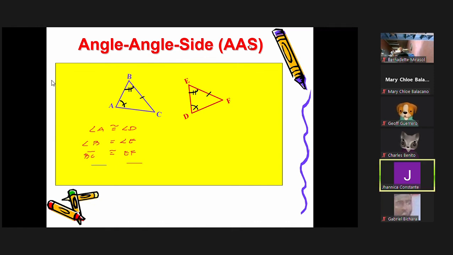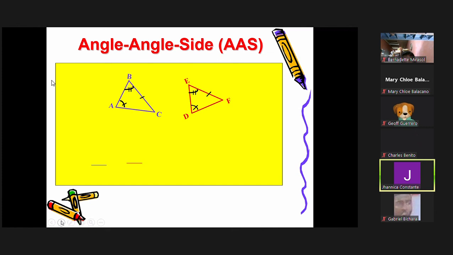Okay? So we have 4 theorems that we can use to prove that the two given triangles are congruent. The SSS, the SAS, the ASA, and the AAS. Okay, yan ang 4 na postulate that you can use to prove that the two given triangles are congruent.